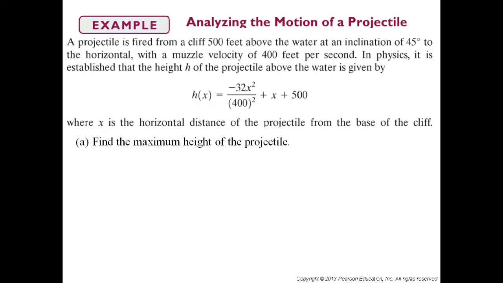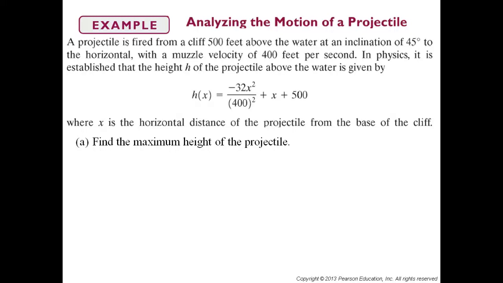Like if I were throwing a ball, it would be starting at 5'6" or something like that, and it follows that motion. X is the horizontal distance of the projectile from the base of the cliff. H of X is the height it is above the water. Okay, so that's what this equation finds.